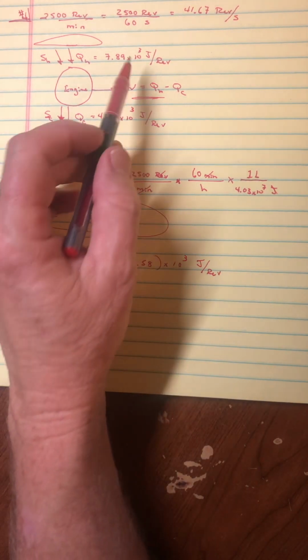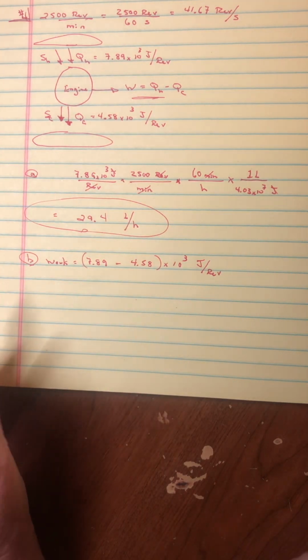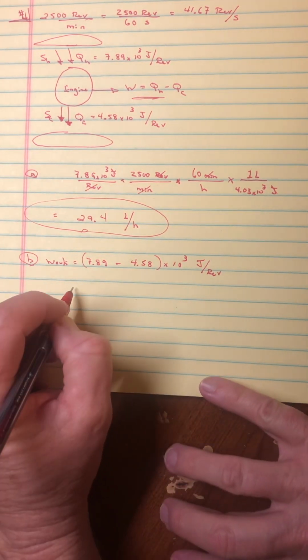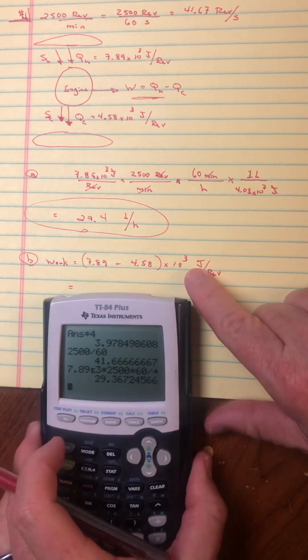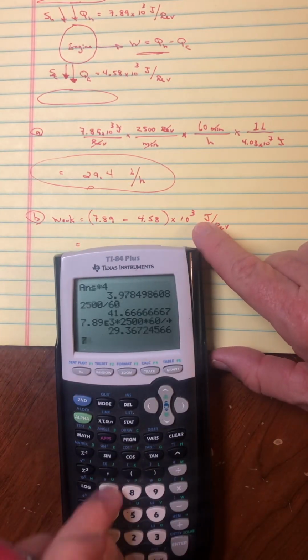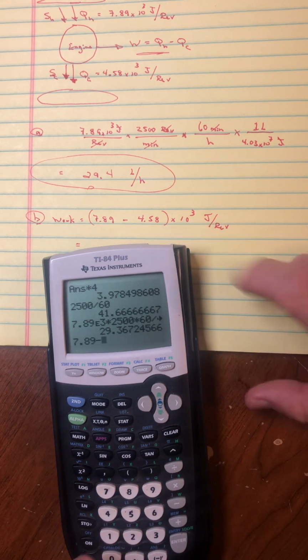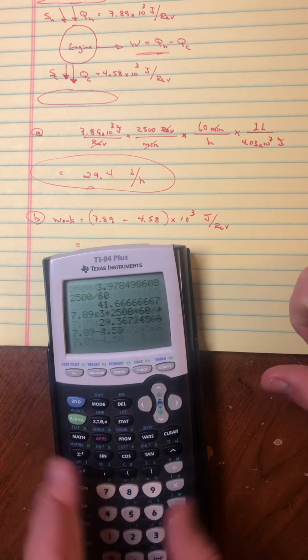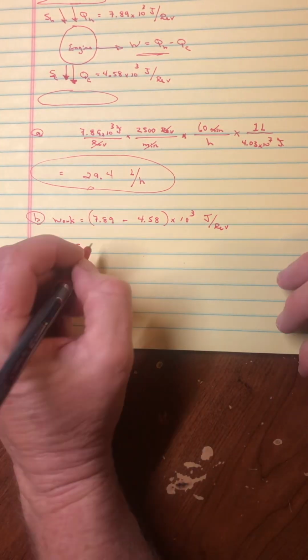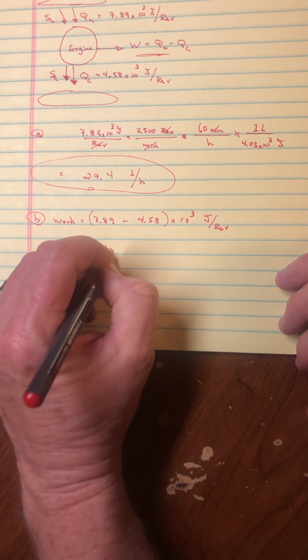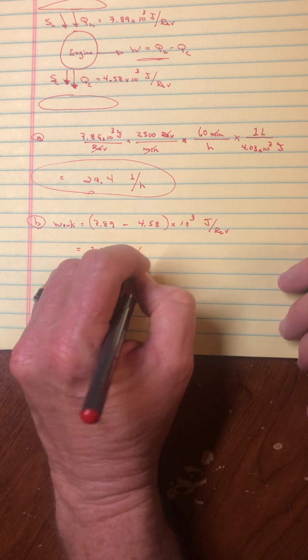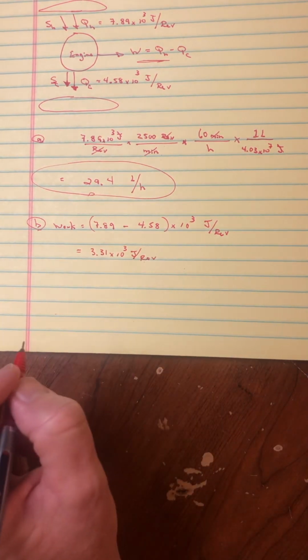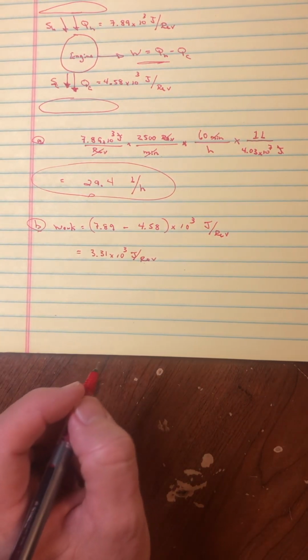And remember, this is the energy in 1 revolution. Okay. So the amount of work in 1 revolution, and I'll just put the power of 10s to the outside, would be 7.89 minus 4.58. And we're looking at about 3.31 times 10 to the third joules per revolution is the work.